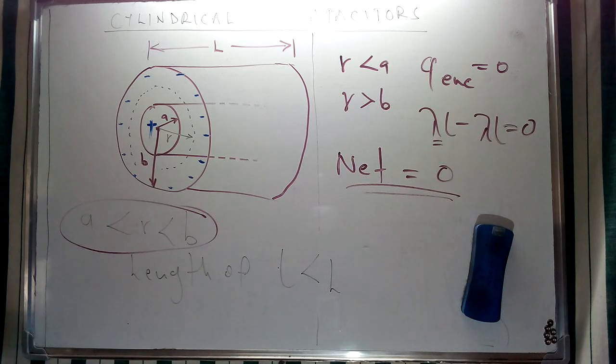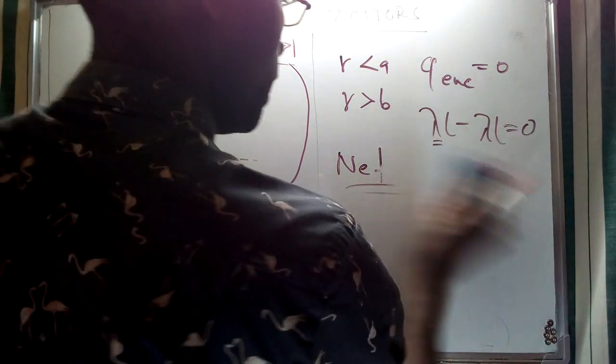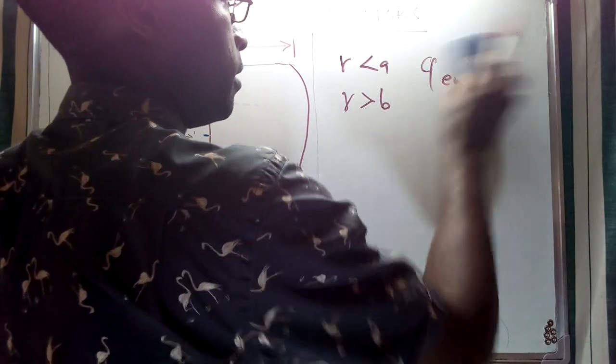So in considering the figure that I've given above, we're going to assume that the inner part is positively charged and the outer one is negatively charged, and try to calculate what we term as the electric field on that particular surface. And of course, this is going to be done using the integral function that we had given for Gauss's law.